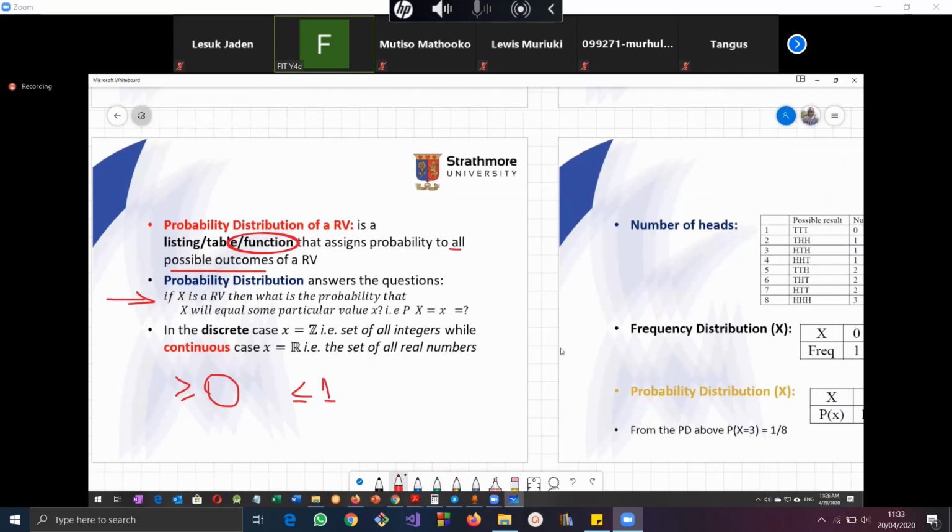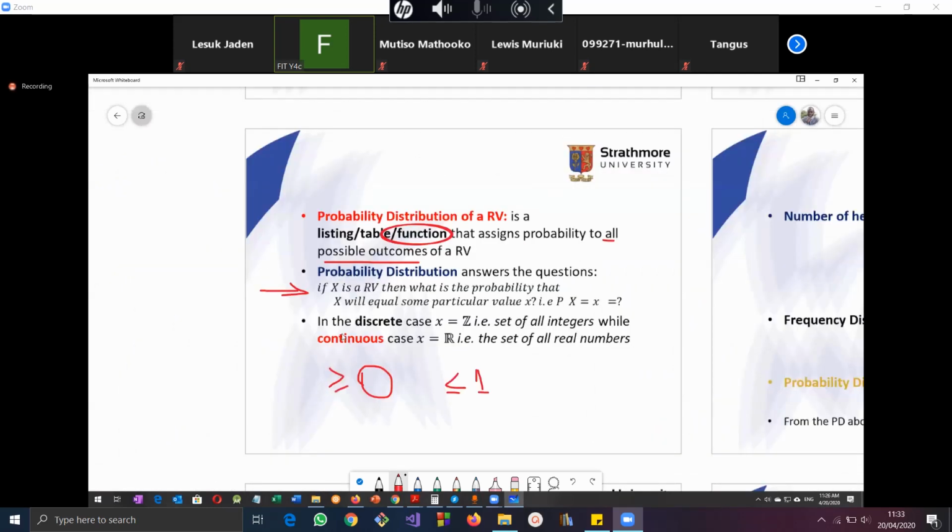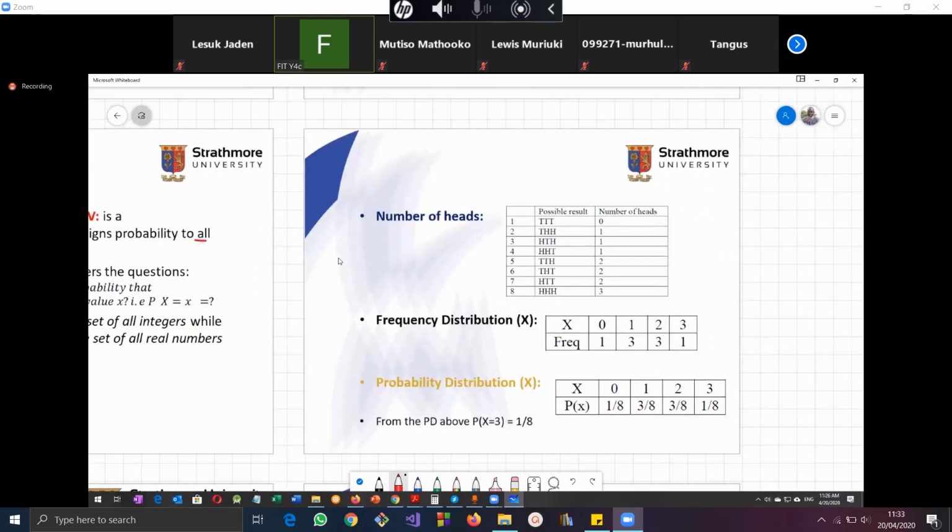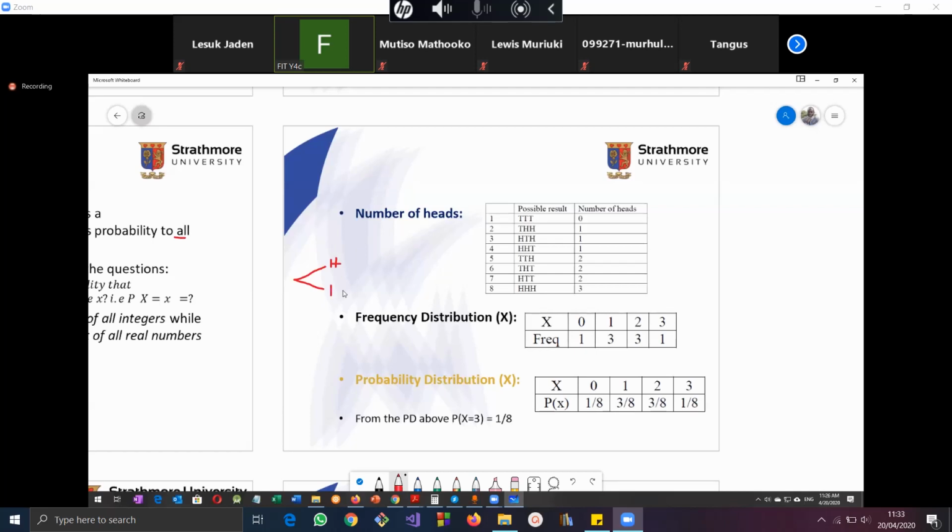So back to our example, how will a distribution look like? Number of heads. You write here heads, and then you write here tails. This is your first toss. Then you do the next one, like so, heads and tails, and you can continue.